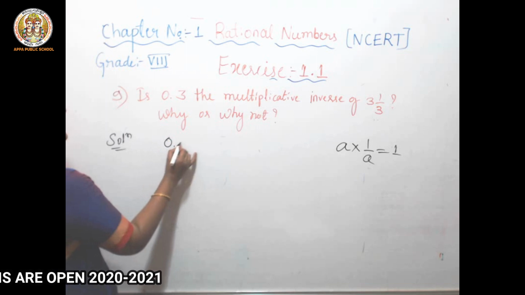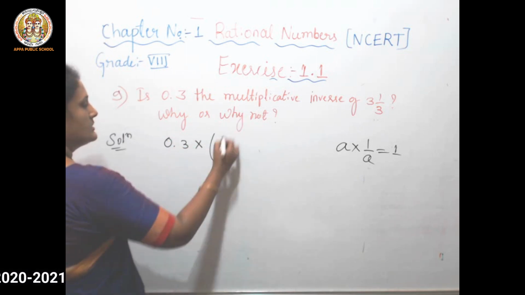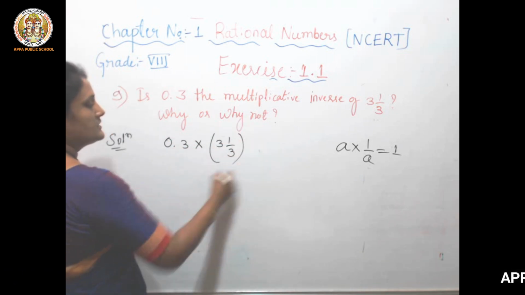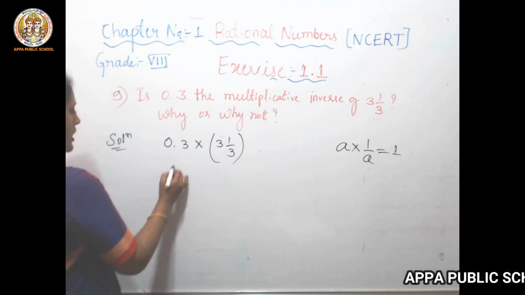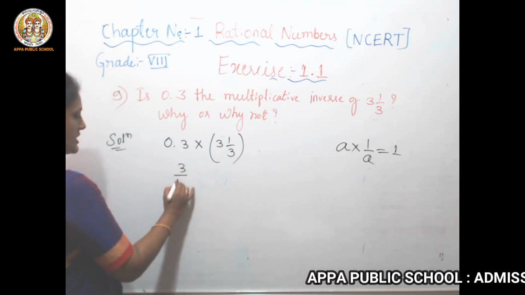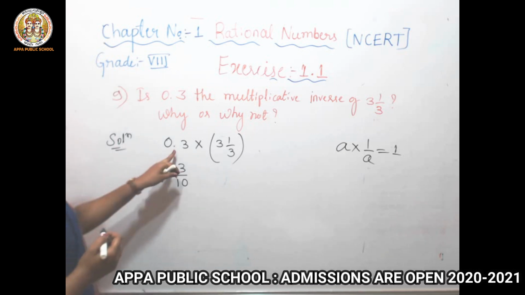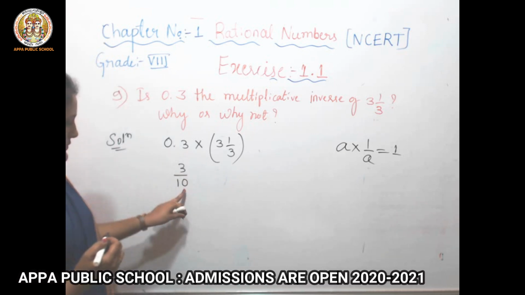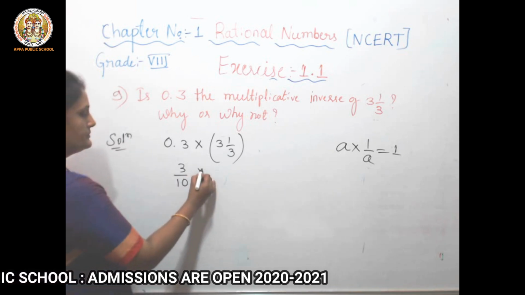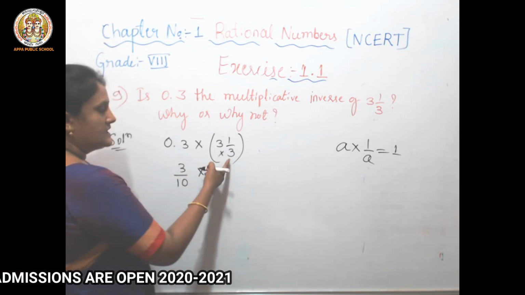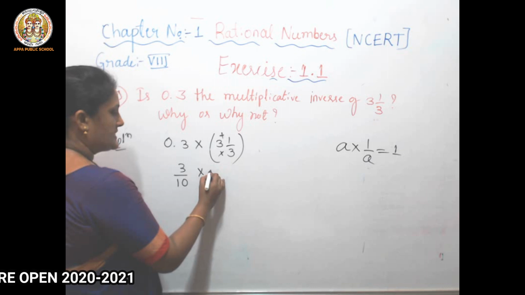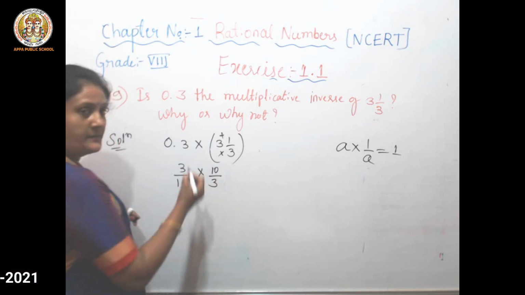See, 0.3 into 3 integer 1 by 3. How can we write 0.3? That is 3 by 10. Decimal we are converting to the fraction, isn't it? After the decimal point there is only one digit, so it is 10. Into, multiply: 3 3s are 9 plus 1, it's 10 by 3.